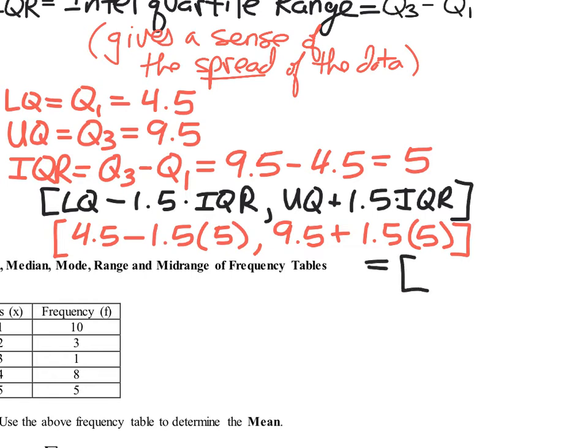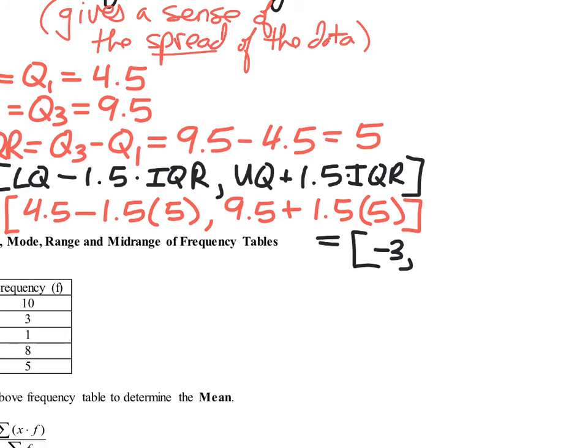And so, well, 1.5 times 5 is 7.5. So 4.5 minus 7.5 is -3. And 9.5 plus 7.5 is going to be 17.